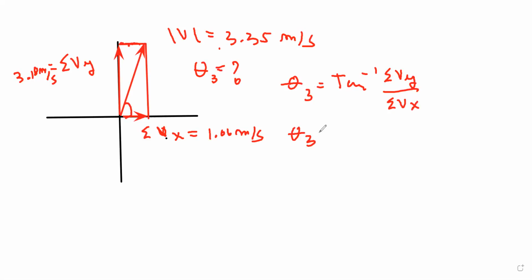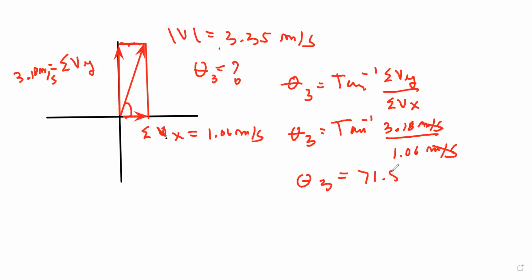So theta 3 is going to be the arctangent of 3.18 meters per second over the summation of the vectors in the x direction, which is 1.06 meters per second. So you cancel these units, and theta 3 is going to be equal to 71.5 degrees.